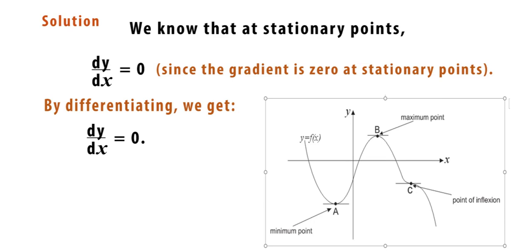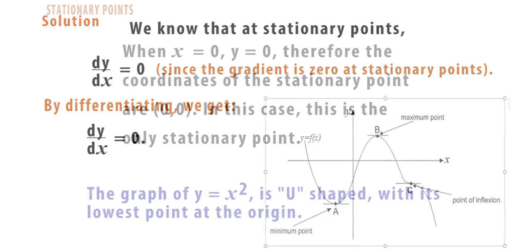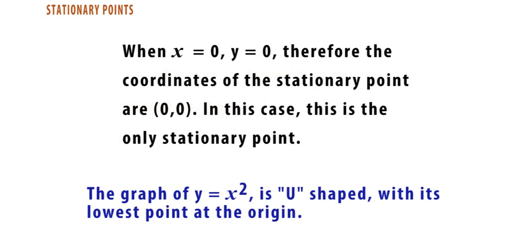So by differentiating, we get dy/dx is equal to 2x. Therefore, the stationary points on this graph occur when 2x is equal to 0. That is when x is equal to 0. Now, when x equals 0, y is also equal to 0. That is when we replace the value of x by 0, we get y also to be 0. Therefore, the coordinates of the stationary point becomes (0, 0).